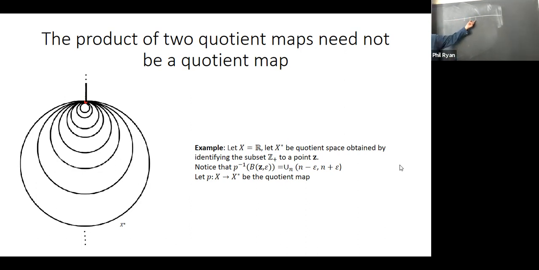So 1 and 2 are both positive integers. So what we've done then is we've identified 1 and 2. So we've got like a little loop like this. So 1 has to go back, because 2 and 1 are the same. And then we go up again and we come back because 3 is a positive integer.